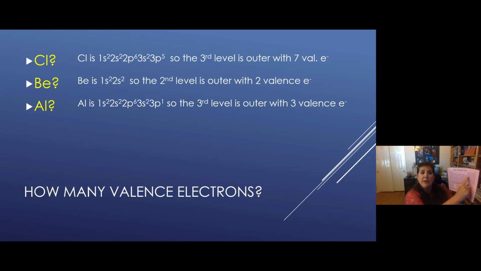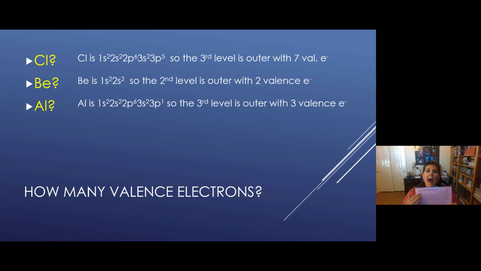Aluminum's configuration is 1s2, 2s2, 2p6, 3s2, 3p1. So the outer level is the third one. We have 3s2, 3p1, 2 plus 1 is 3. So there are 3 valence electrons for aluminum.